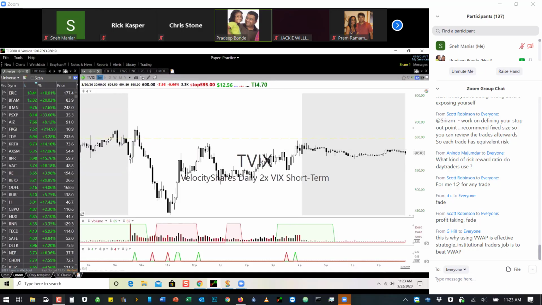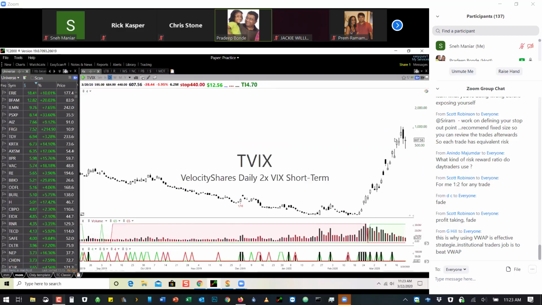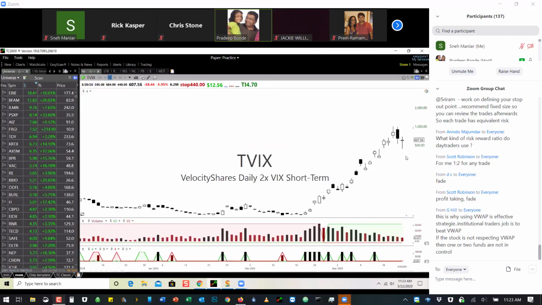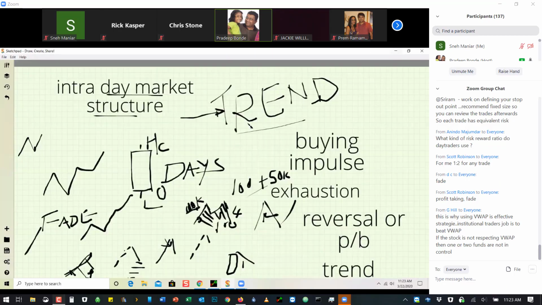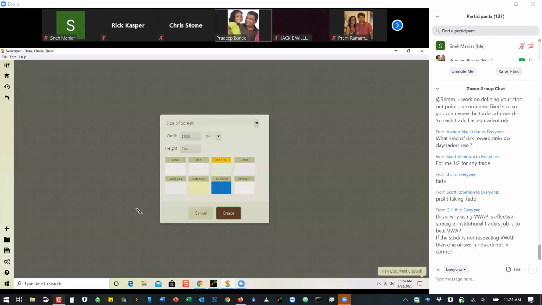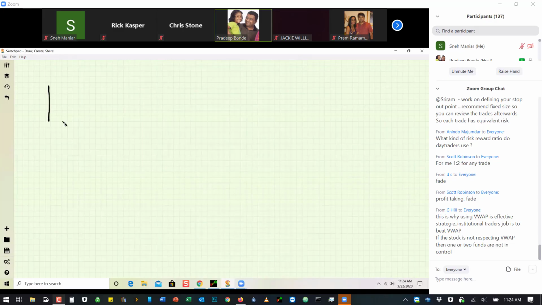Ultimately, this is how the stock traded during the day, but that is not what is visible when you look at it at the end of the day. So this is the market structure on an intraday basis: if you are looking at a move which looks like this on a final candle, in reality it might be like this.